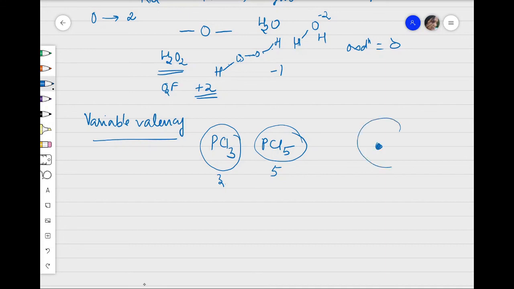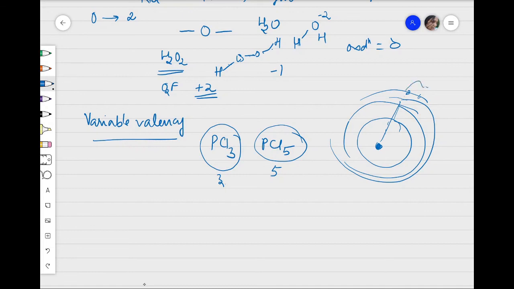The nucleus holds on to the electrons, and as the distance increases, the electrons are a little more free. So atoms will try to achieve a stable state similar to noble gas configuration, by donating or taking electrons. They can differ in this, that is, you can have differing capacity, 3 and 5 just like in PCl3 and PCl5, and this is what we say variable valency.